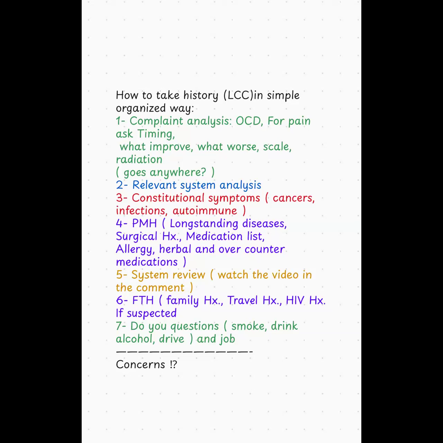So you can ask about the constitutional symptoms, which are any change in the appetite, any change in the weight, any lumps or bumps, any night sweats, any increased body temperature at night. It always guides you and points to something serious like cancer, infections, HIV or TB, and autoimmune disease.